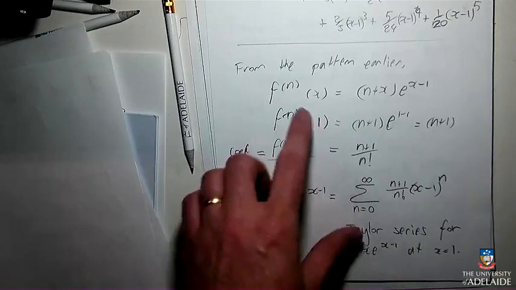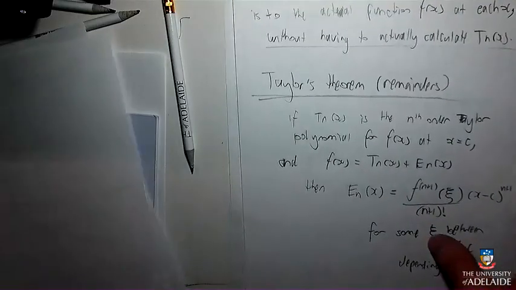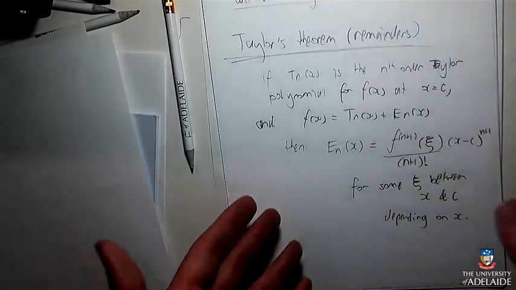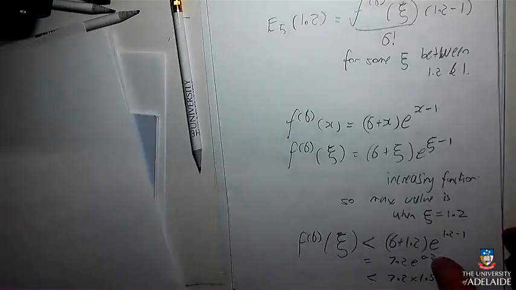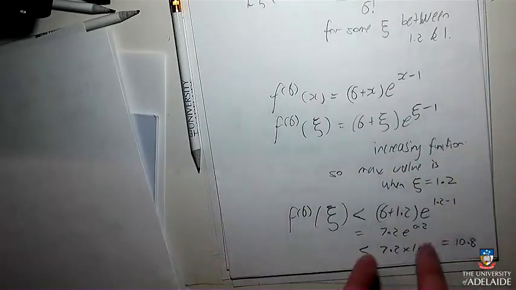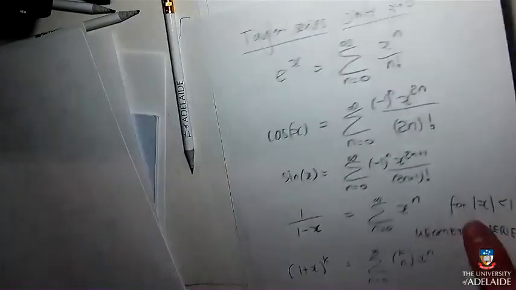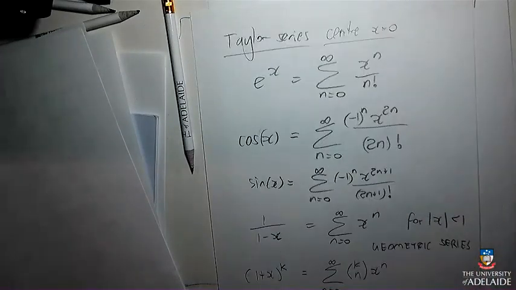We can sometimes make a guess at the pattern that's going on and be able to create a formula for what goes in this position. And then there's this remainder formula which uses the next derivative, and there's a few little wiggly bits where you're trying to figure out what that is. And then there are a couple of Taylor series infinite ones that you're supposed to just know.